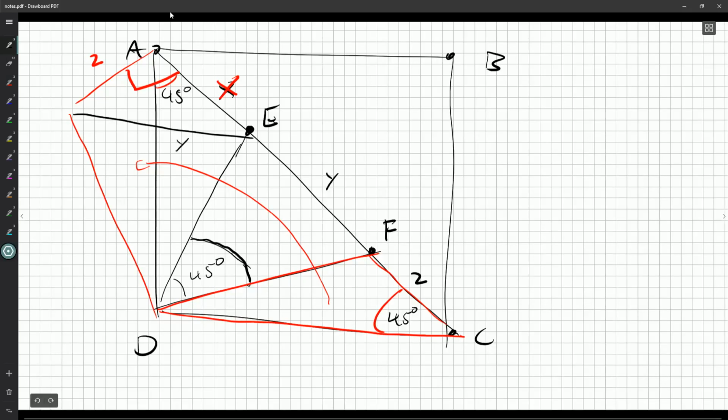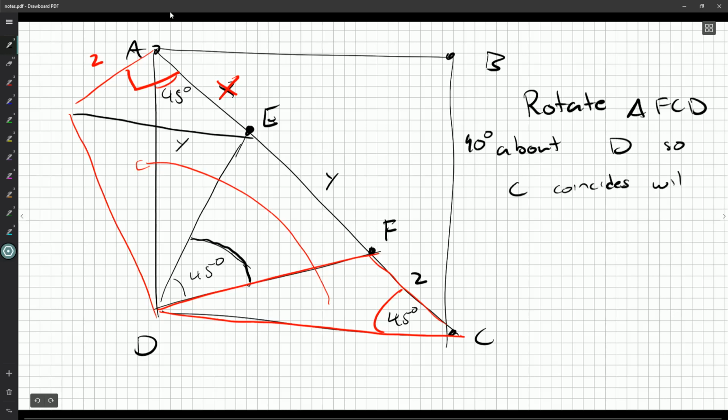So, got to write this up because it is a written question. So let's say, rotate triangle FCD 90 degrees about D. So C coincides with A, and F is now at, I don't know, let's call it G. Okay.